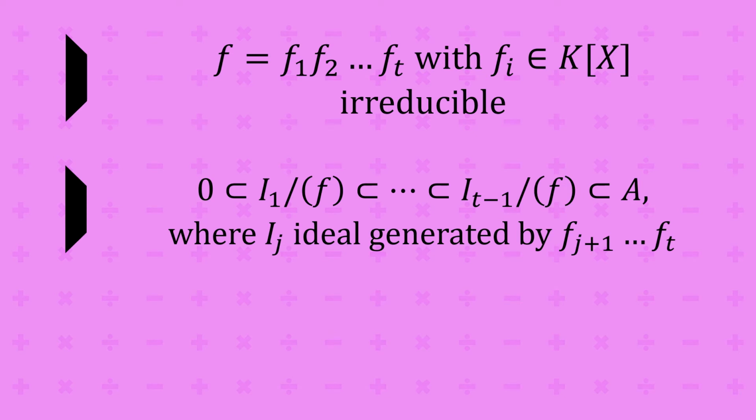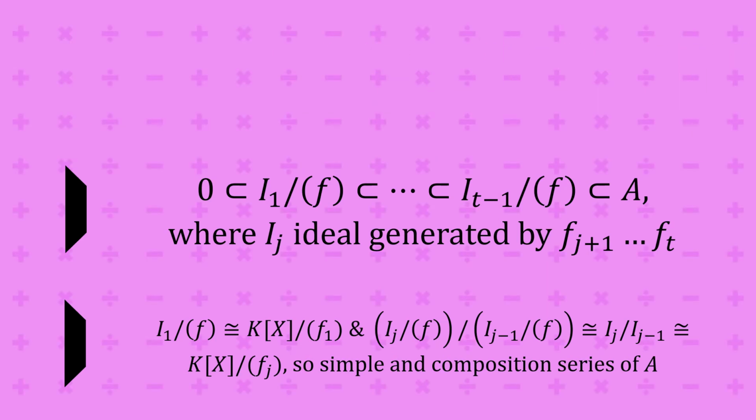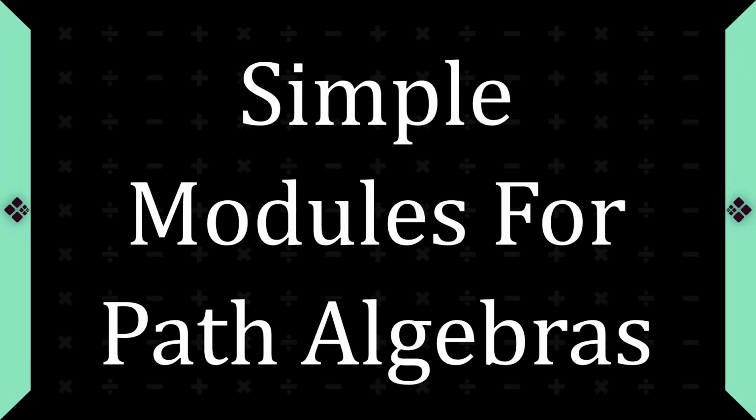This gives a series of submodules of A, namely 0, I1 over the ideal generated by f, up to I(t-1) over the ideal generated by f, A, where Ij is the ideal of k[x] generated by f(j+1) up to ft. Then, all factor modules are simple, and hence we have found a composition series of A.